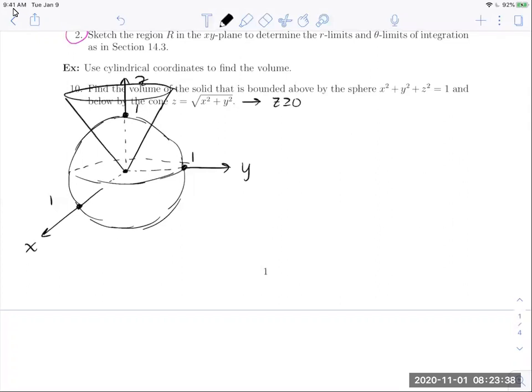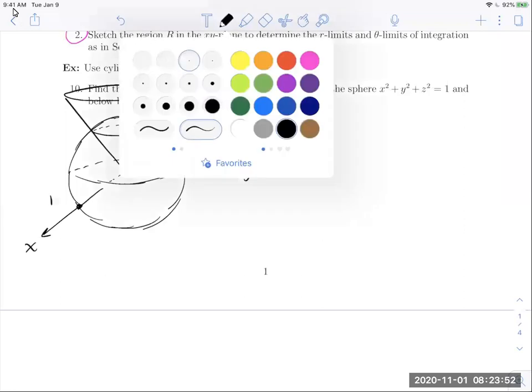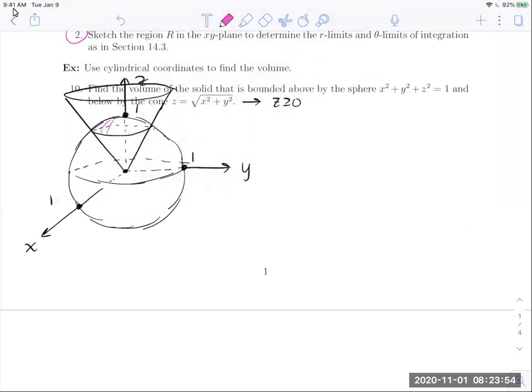There's the understanding that it goes on forever, but you'll notice that it actually intersects the sphere and forms this kind of snow cone. It's like a cone with a rounded top. So we want to find the volume of this snow cone. So let me just kind of color it in here. This is a solid too. We're not finding a surface area, but we're finding the volume in here.